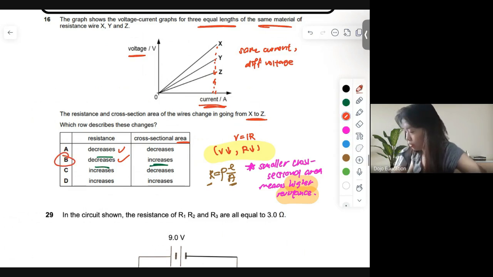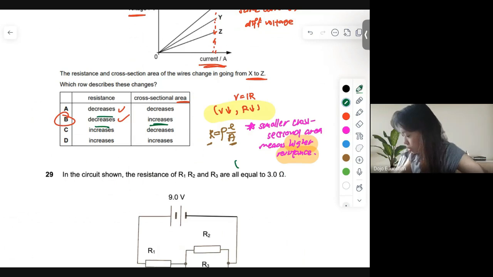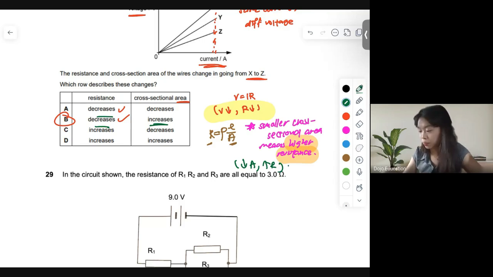Smaller area, higher resistance. No question, then I will move on.